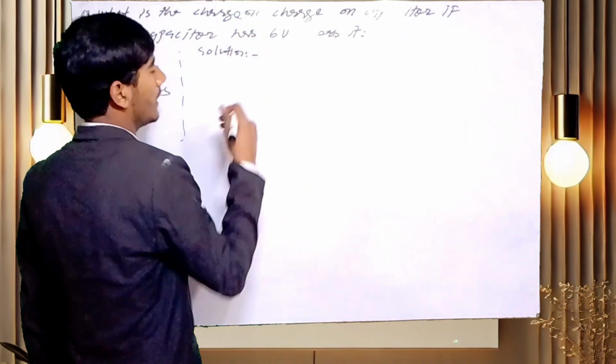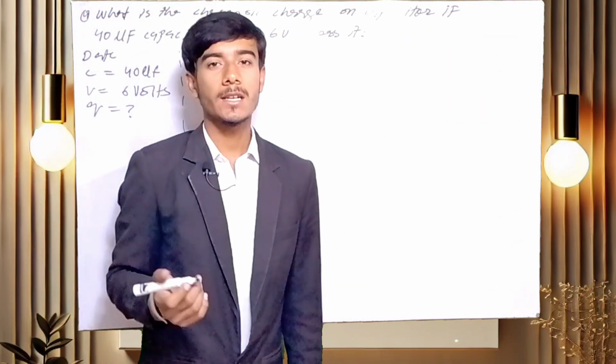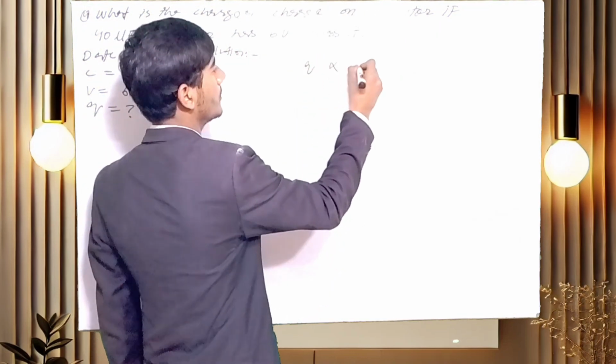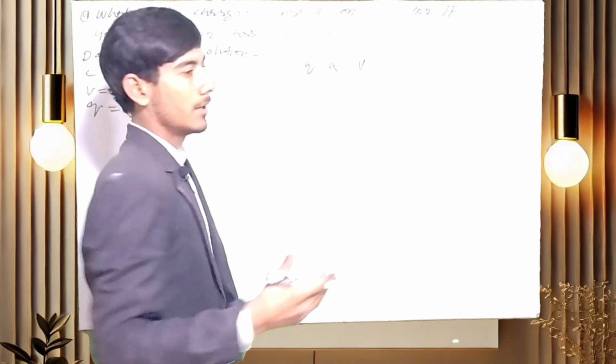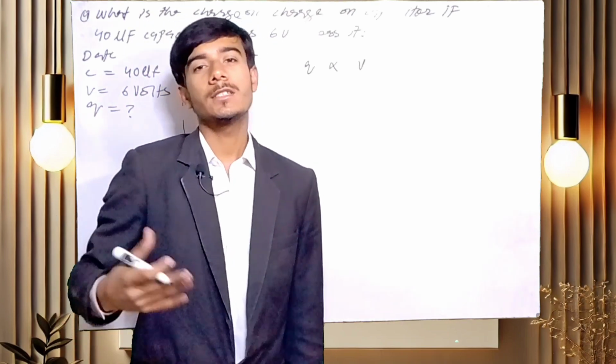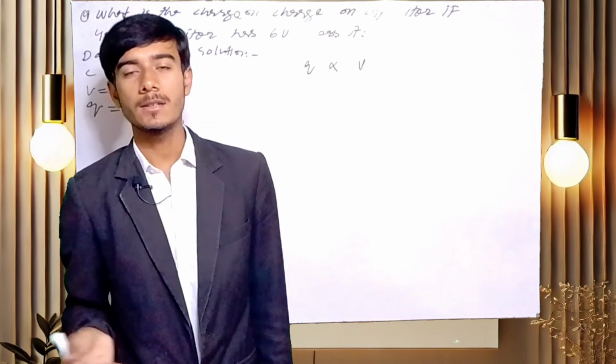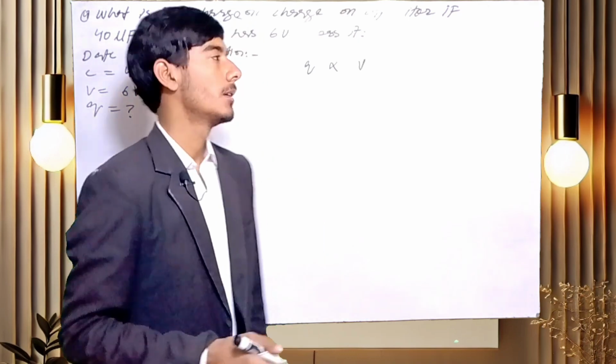So the equation of the capacitor is written according to this. Q is directly proportional to the V. The more the potential difference, the more the charges, and the less the potential difference, the less the charges.